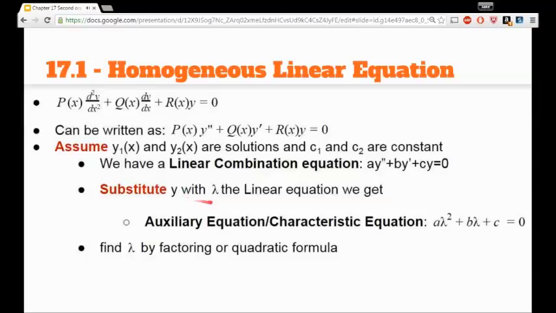We substitute y with lambda and change it to a polynomial equation so that we can solve it much more easily than dealing with a bunch of derivatives. And we can find lambda by using either factoring or the quadratic formula method.